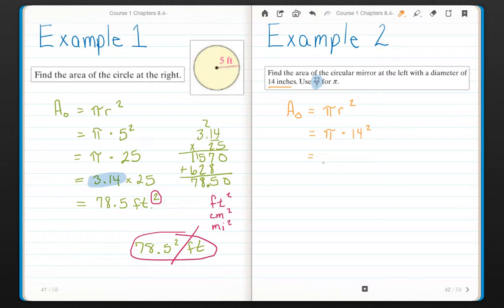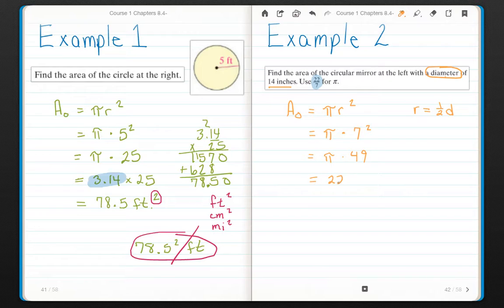Let's take a look at this word right here. The formula for area is area equals pi times radius squared, but they gave us the diameter of 14 inches. The diameter is twice the radius. So the radius for this circle is only 7 inches. Radius equals 1/2 of the diameter. So pi times 49.